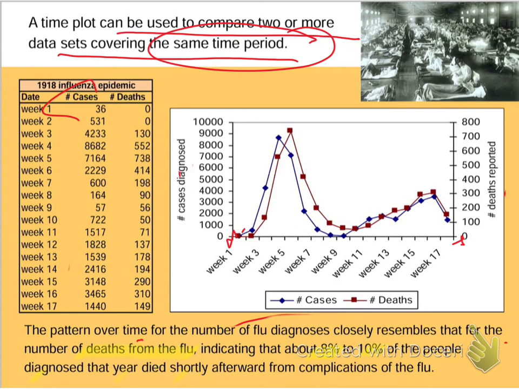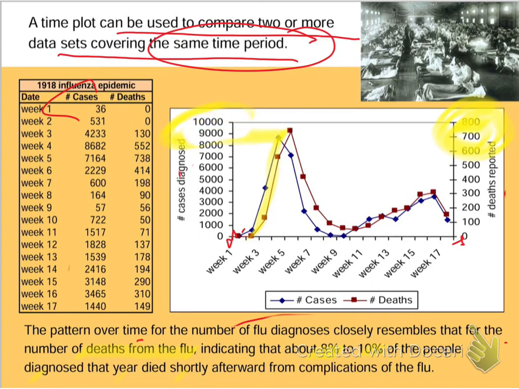So they're going together. We cannot say that 9,000 people got infected with the flu and all 9,000 died. No, the percentage between this scale and this scale is around 8%. This scale is around 8% of that one.